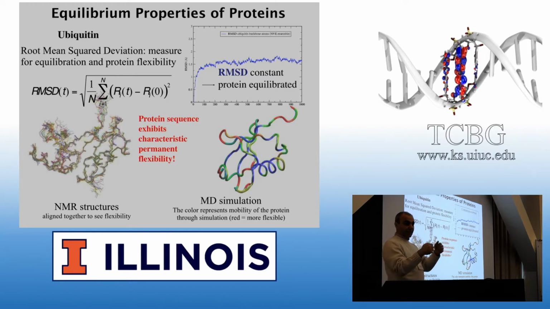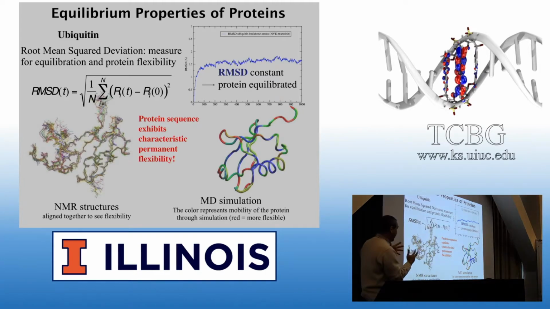That already suggests that they are moving with respect to each other or twisting or whatever. So you can play with this atom selection to make more meaningful conclusions about the system.